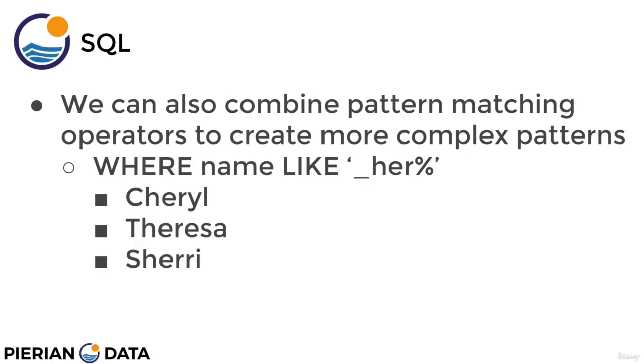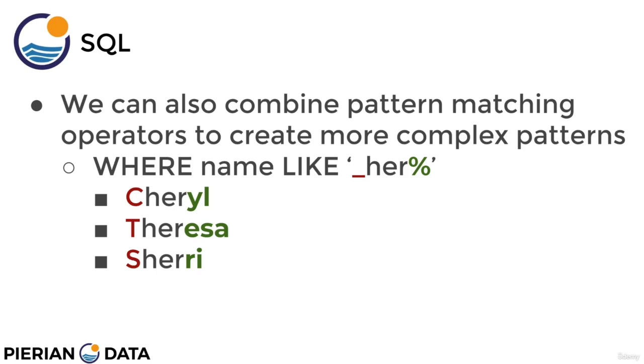Now what's nice about this is then we can begin to combine pattern matching operators to create more complex patterns. So take a look at this example where we say WHERE name LIKE '_HER%'. If we think about what this is actually asking for, this is returning, and we've color coded it here, a single wildcard space for the first letter, and then after HER, any sequence or any number of characters can occur.